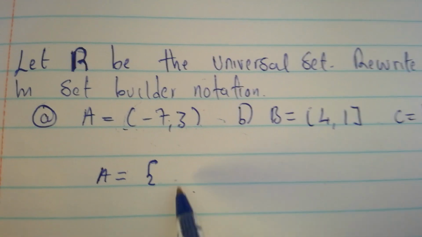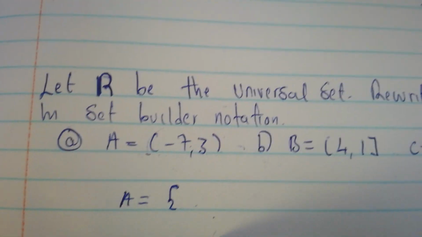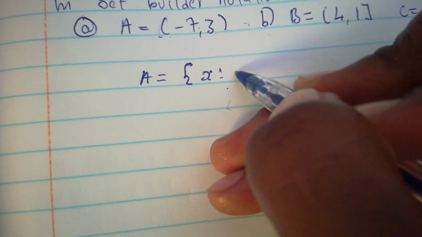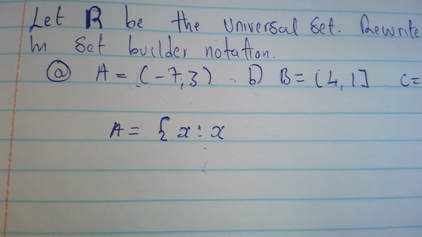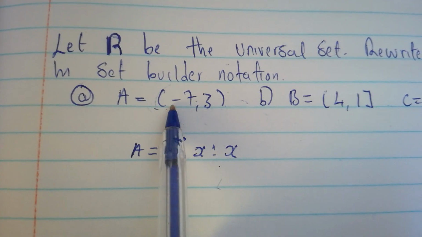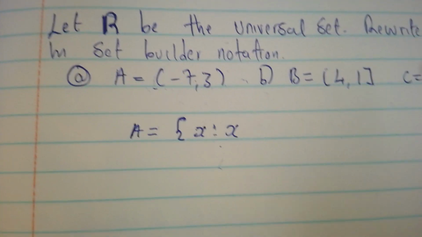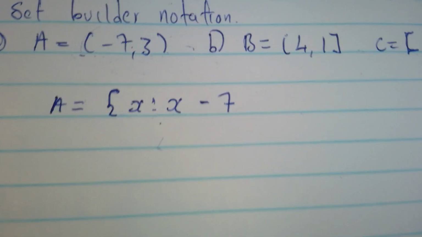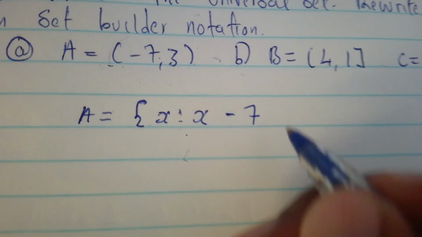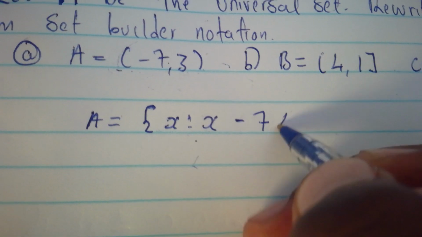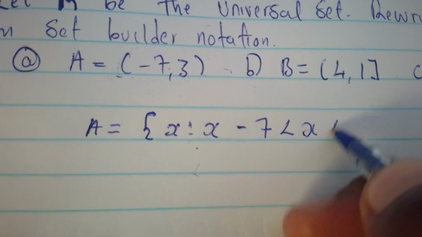All right, so we'll say x is such that x is between, we've been given this now, between -7. Since -7 isn't part of the set, x will be greater than -7 but less than 3.